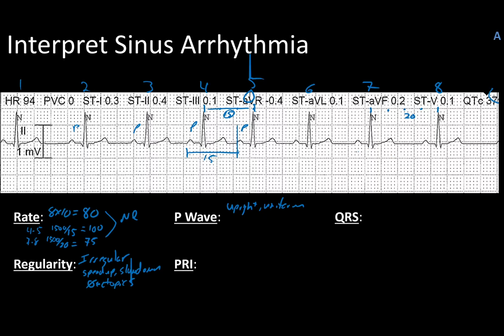And if I measure from this P wave to this P wave, that one's 20. So I have the exact same irregularity that I had seen before. And it matches, and that's good. Then I have 1 P for every QRS, which is good.